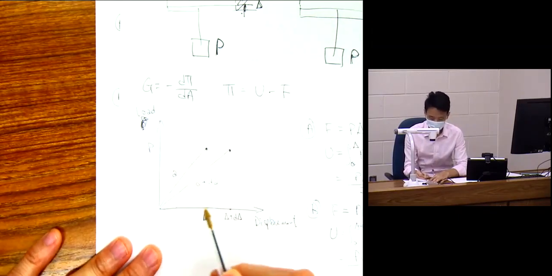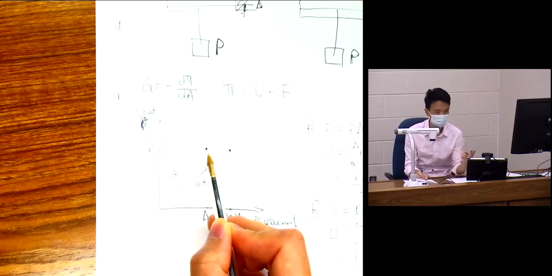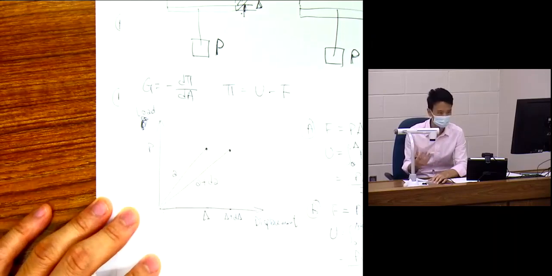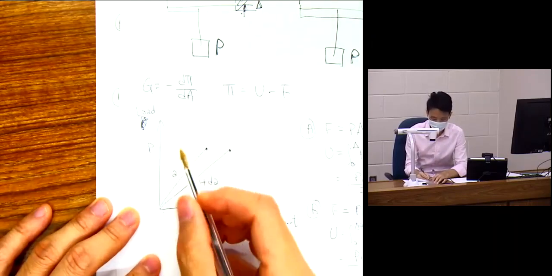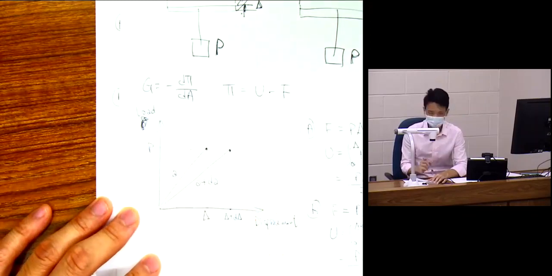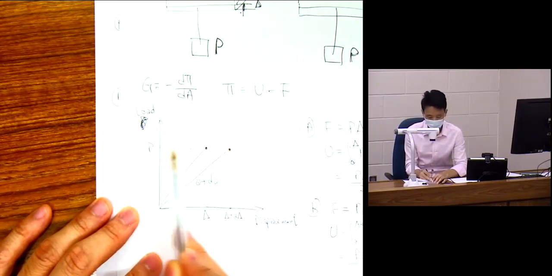The triangle is the elastic energy. So the difference of these two is the complementary energy, if you remember from solid mechanics, which is that other triangle.